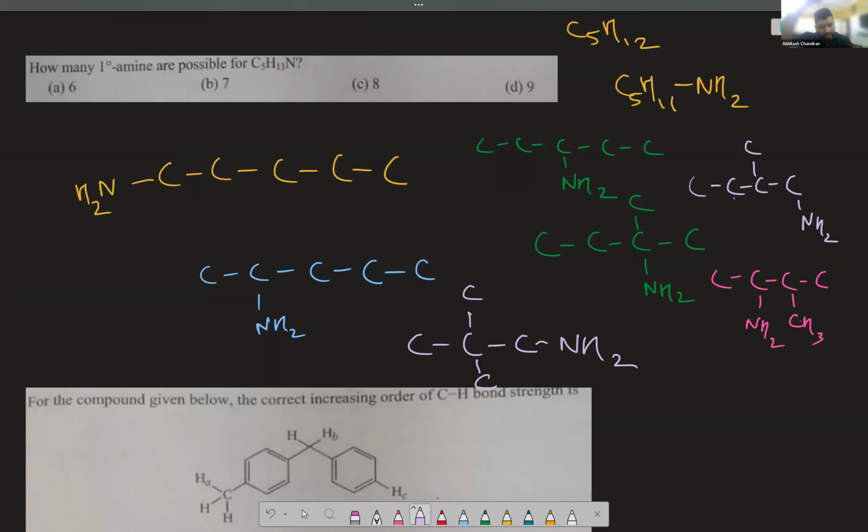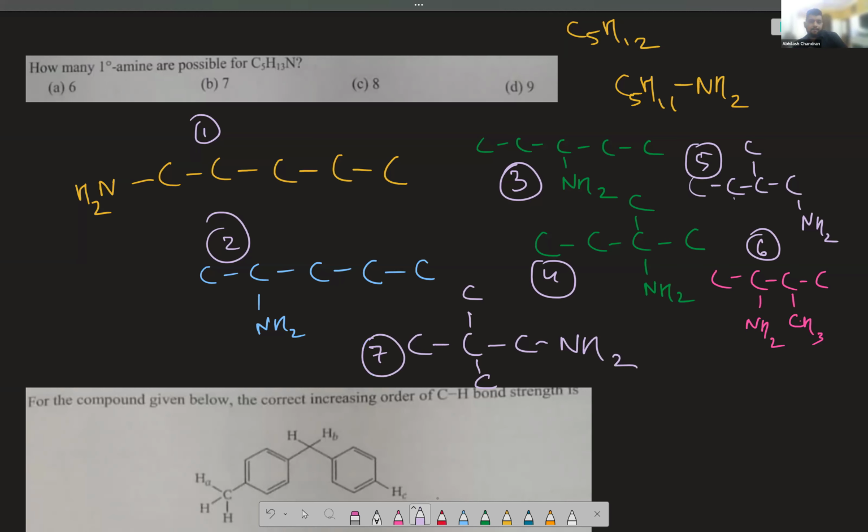It is 2,2-dimethylpropanamine, and this is still butane. How many have we reached so far? I've seen one here, second here, third here, fourth here, fifth here, sixth here, seventh here. Is there anything else that I can think of? Maybe with a butane.